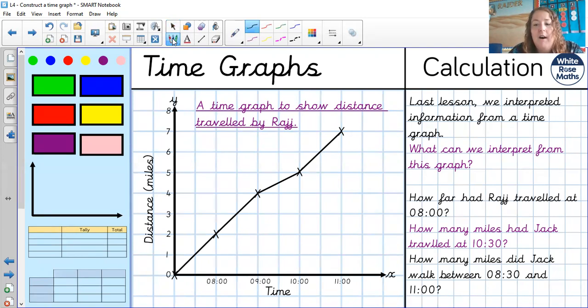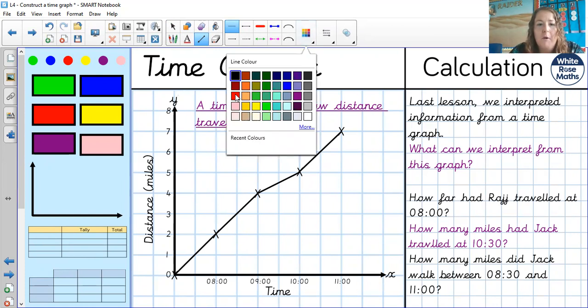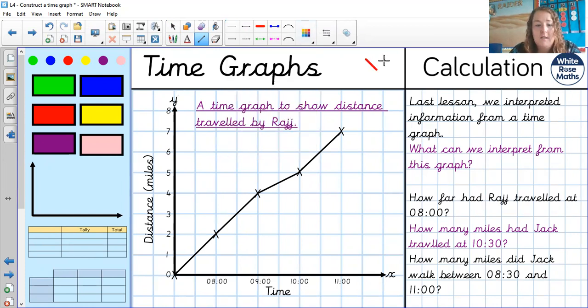It says, how far had Raj travelled at 8 o'clock? How might we work this one out? Just in case you can't remember, I'm going to be using my line tools to show you where I'm working from. I'm going to do it in red so that you can see the difference. I'm looking at the time first of all. So I'm going to go to the 8 along the bottom, and go in a straight line until I hit my line data.